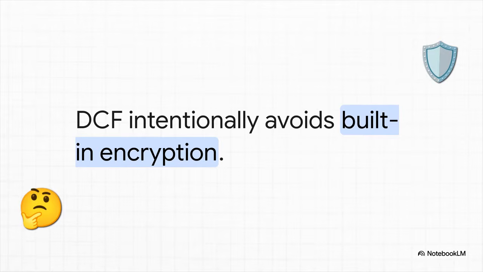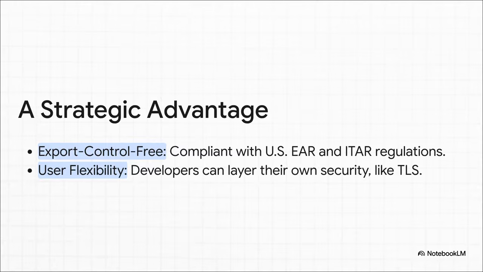Okay. Now for a design choice that, at first glance, might make you kind of raise an eyebrow. DCF intentionally, and I mean intentionally, avoids having its own built-in encryption. And I know what you're thinking. Wait, isn't that a massive security flaw? But hold on, because it's actually a brilliant strategic move. For 2 big reasons.